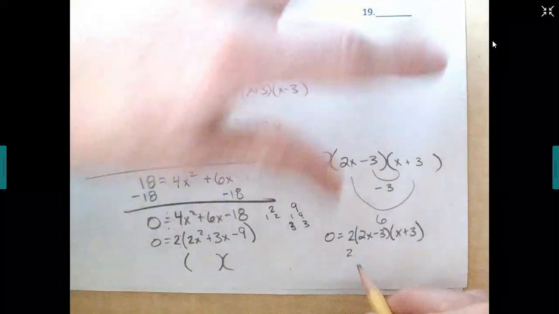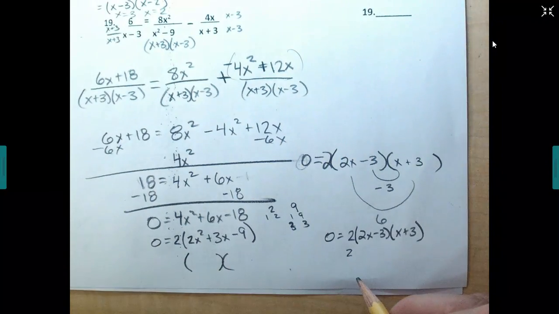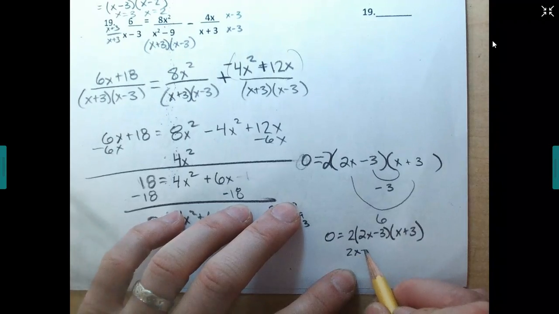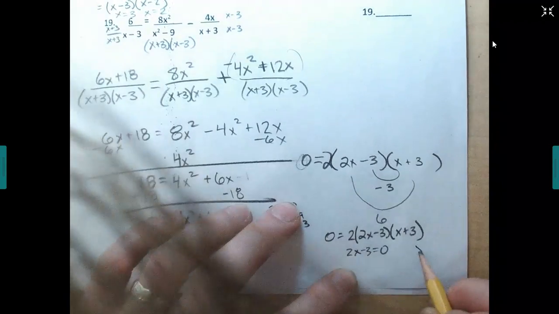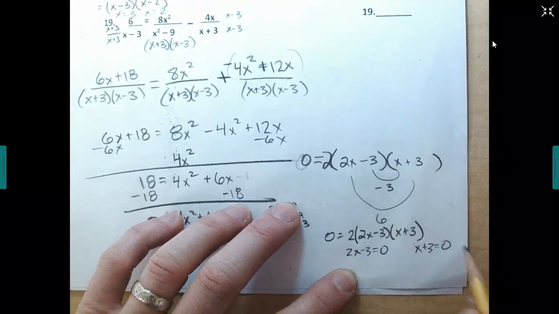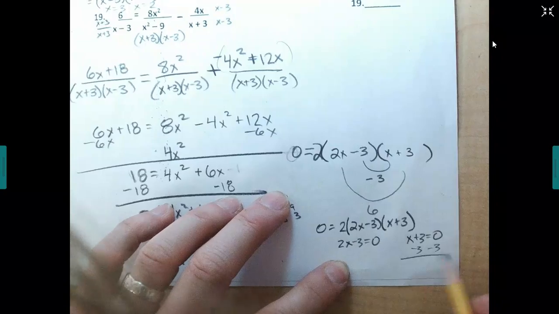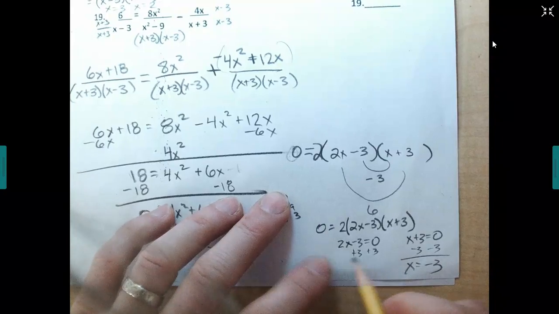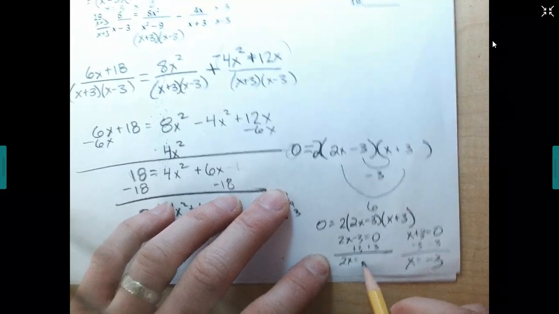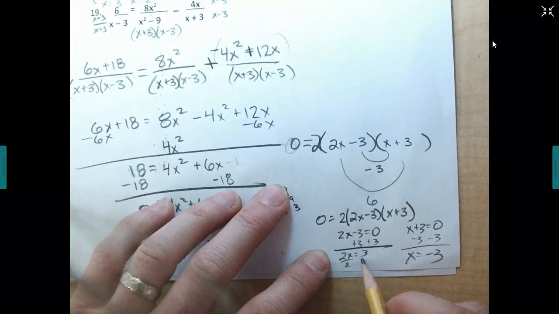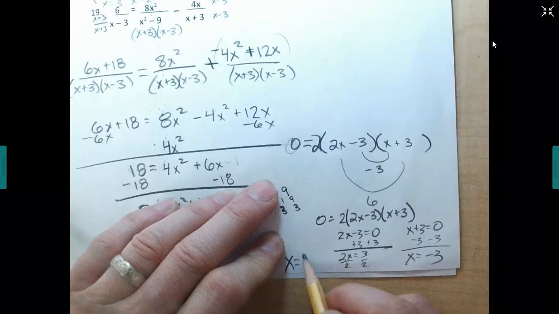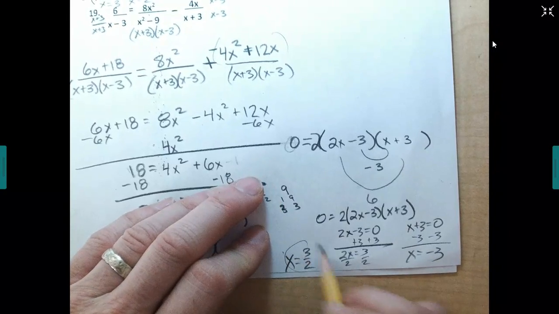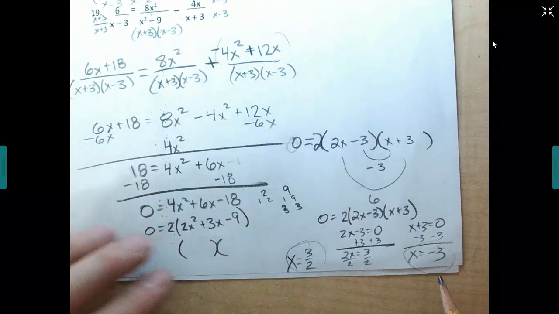And I have 2x minus 3 equals 0. X plus 3 equals 0. Minus 3. X equals negative 3. 2x equals 3. X equals 3 halves. So x equals 3 halves. X equals negative 3.